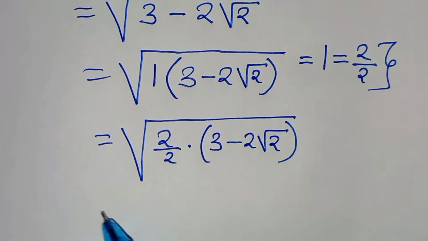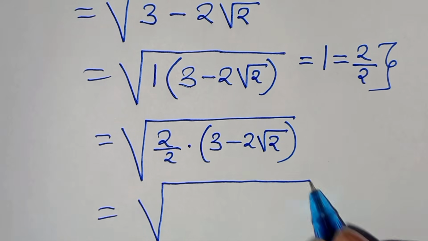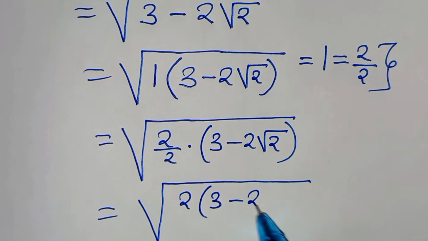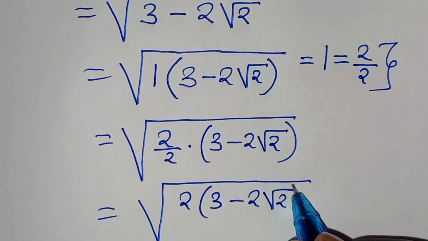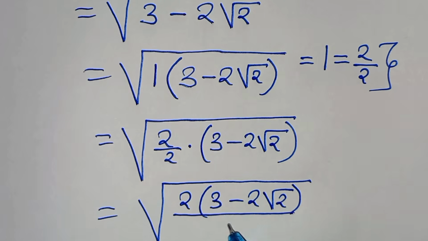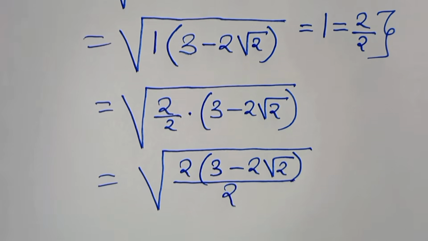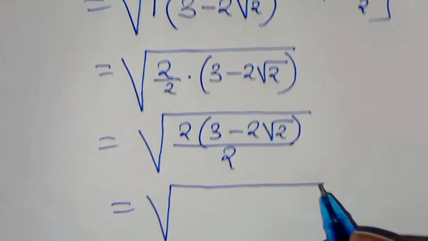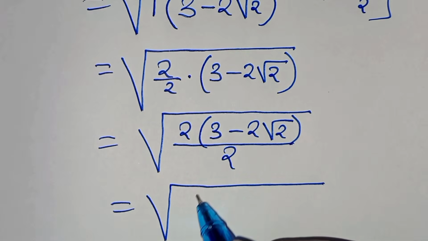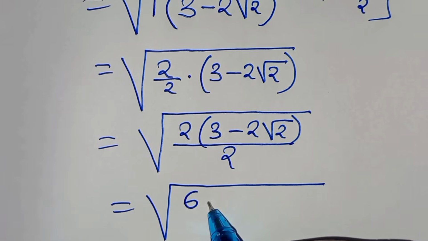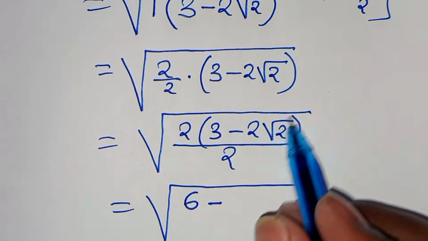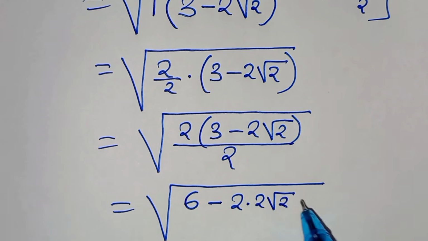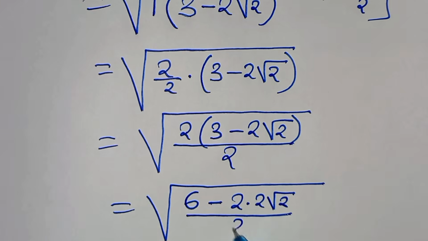So this implies that we have the square root of 2 multiplied by 3 minus 2 square root of 2, divided by 2. Now this implies again here we have the square root of 2 times 3, this is 6, then minus 2 times 2 square root of 2, this is 2 times 2 square root of 2, divided by 2.